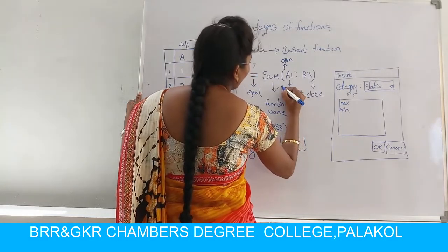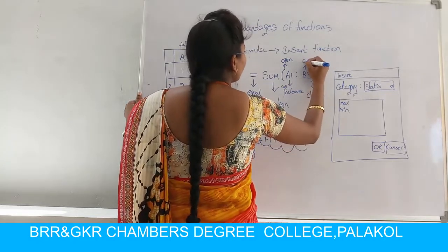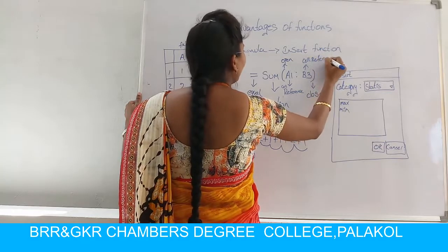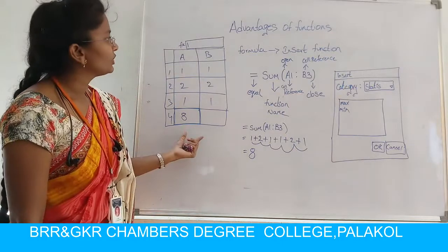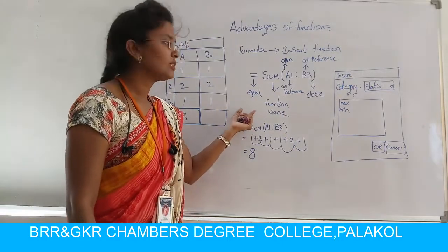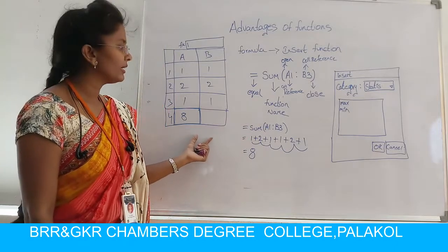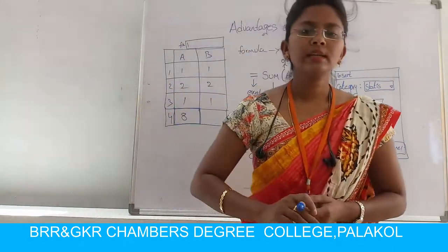This is a cell reference name, the starting cell reference name and the ending cell reference name. These are the functions, and these functions are used to calculate the values in the Excel sheet.